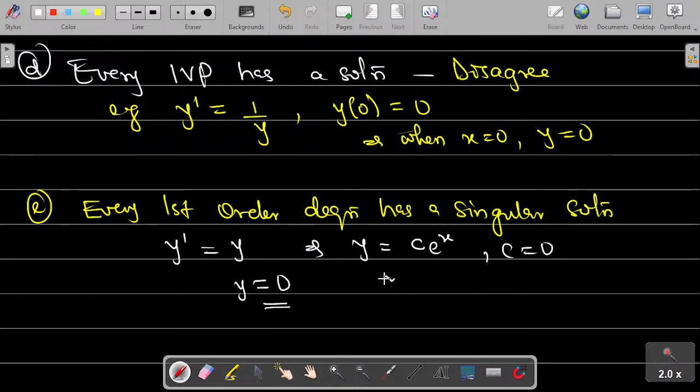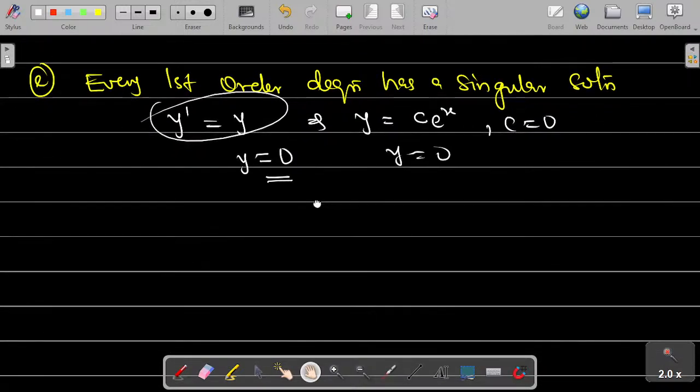So you can clearly get y is 0. All the possible solutions of our differential equation y prime equal to y come from the general solution.